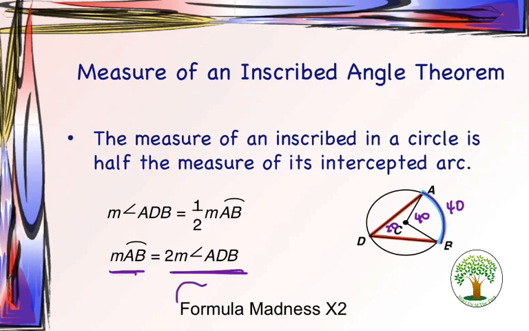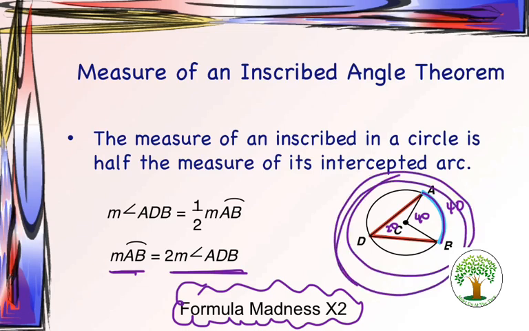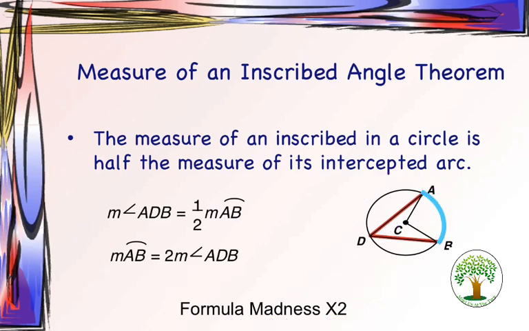I want you to realize that this is two formulas, all in the same square in your formula madness. So if you want to look for it, it has this picture inside. I would suggest that you pause this video and go write that formula down in your formula madness.